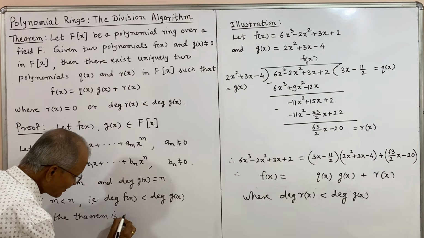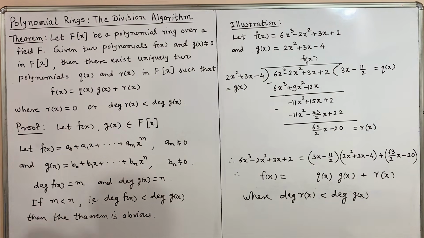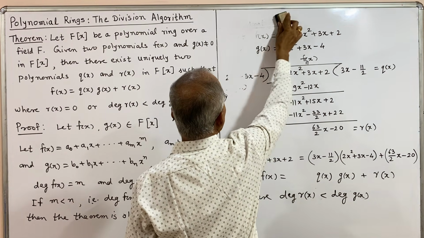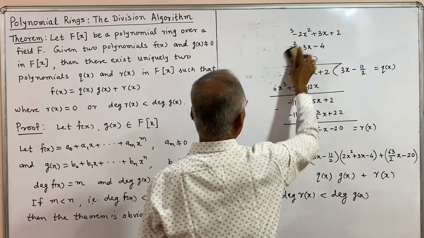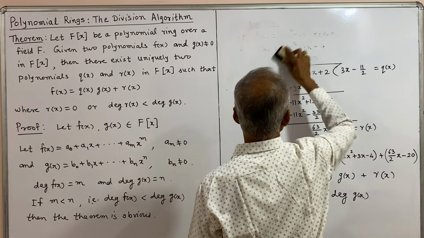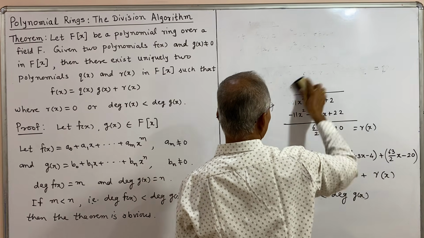There is actually nothing to prove. It is trivial. So how? In this case we shall consider the quotient as 0 and the remainder as f of x itself.